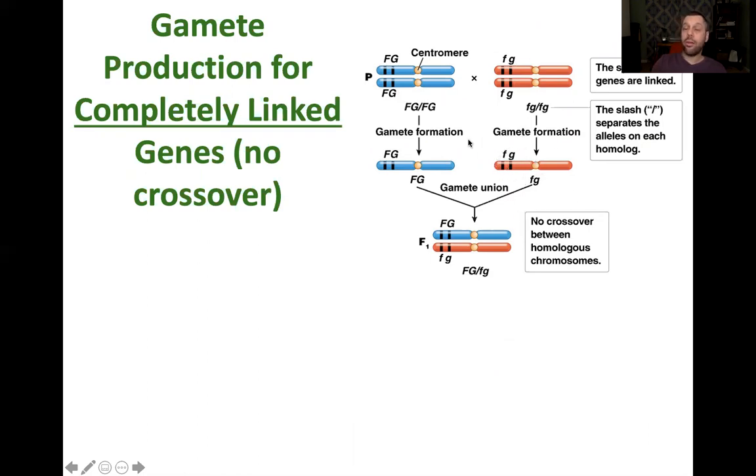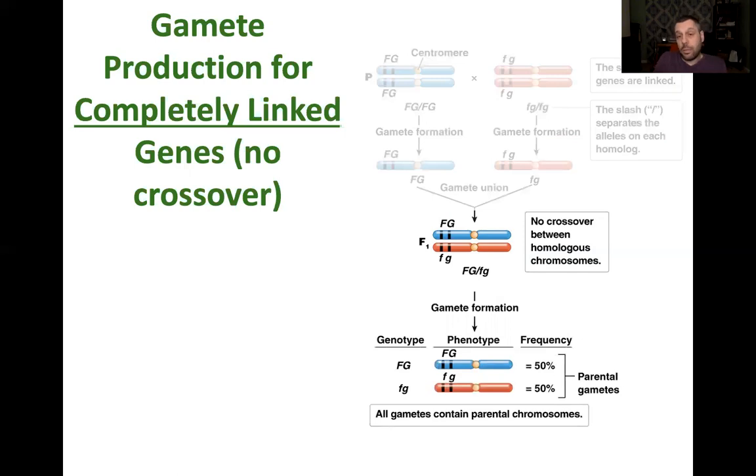When they're crossed together, you get a dihybrid individual, big F, little f, big G, little g. In this case, though, there's only one chromosome present, two homologous versions of the same chromosome. So if you were to write down gametes for this individual, there would only be two possibilities, right? Big F, big G, or little f, little g.